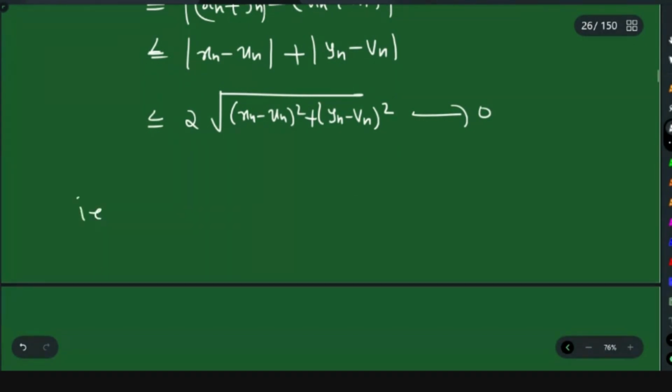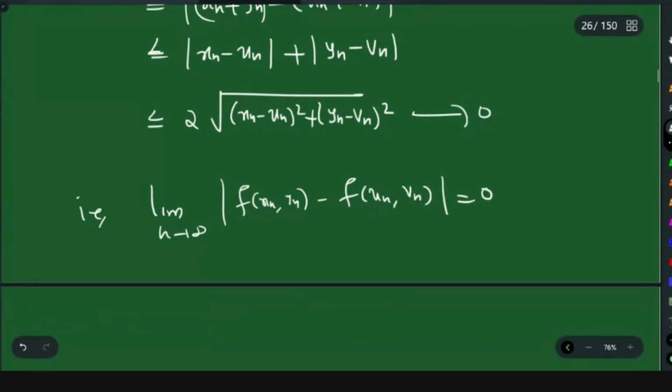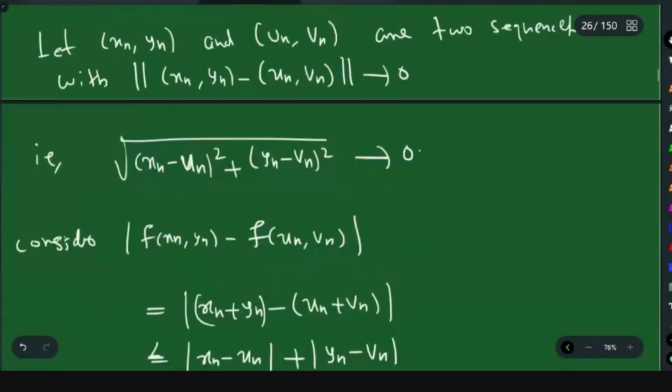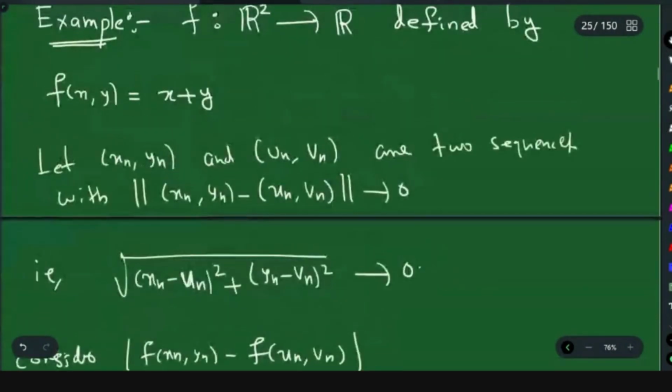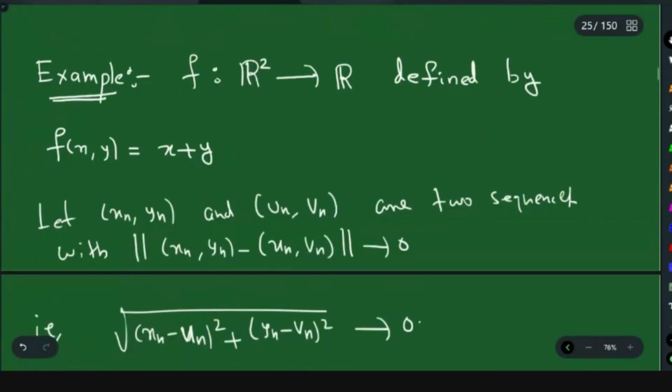So the limit as n tends to infinity of modulus f of xn, yn minus f of un, vn is 0. That means f is uniformly continuous on R2, since it is defined on the whole domain R2. So you can easily observe this function is uniformly continuous.